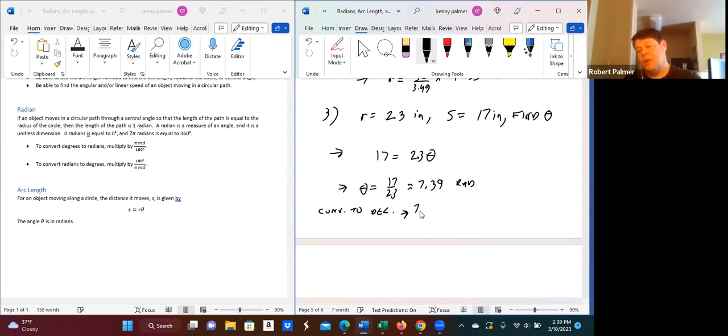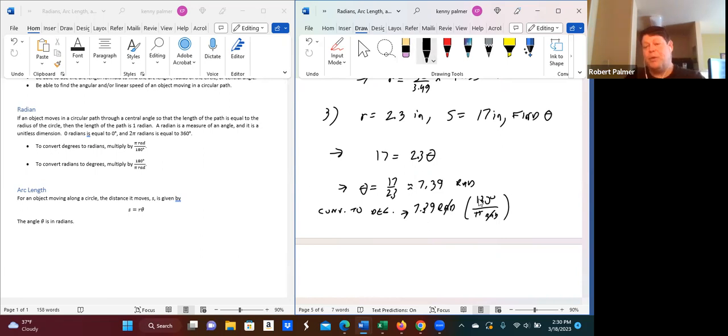So 7.39 radians times, to convert to degrees, we want the radians to cancel out. So we have pi radians down here over 180 degrees. We want the answer to be in degrees. Let's just do that in Desmos.